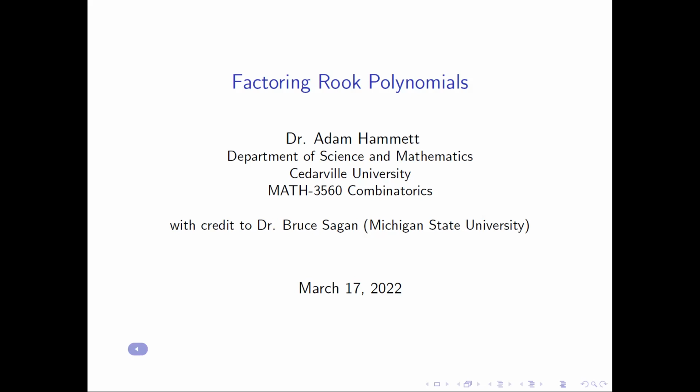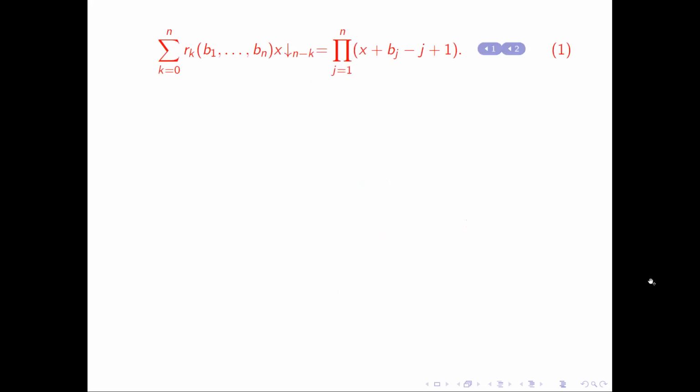Okay, so now let's jump in here and take a look at the last half of this lecture on factoring rook polynomials. Now, I would remind you that we proved this beautiful formula last time.